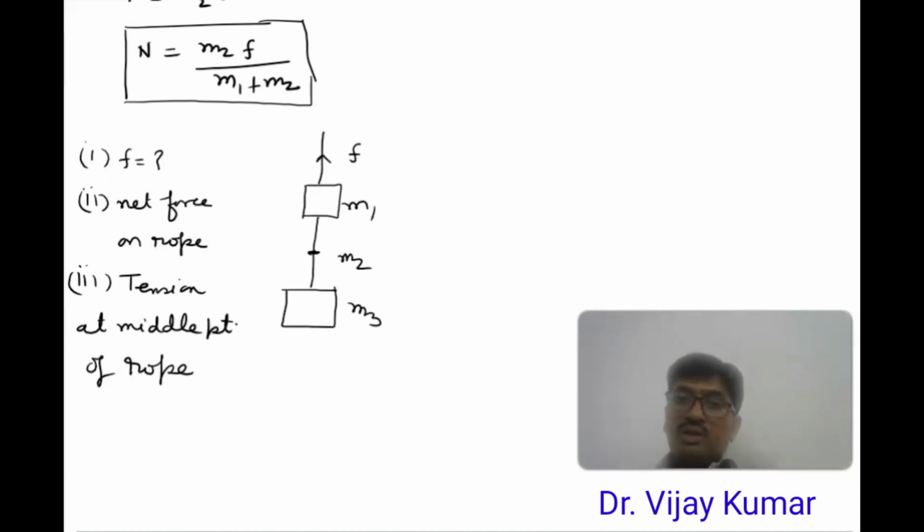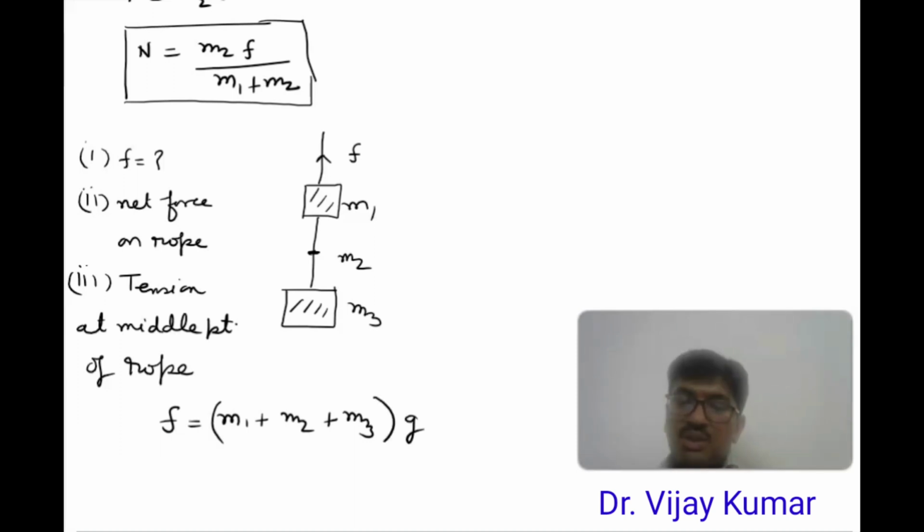So we know that the direction of F is upward, and it should be balanced by m1, the mass of the first block, plus m2, the mass of the rope, and m3, the mass of the second block, into g.